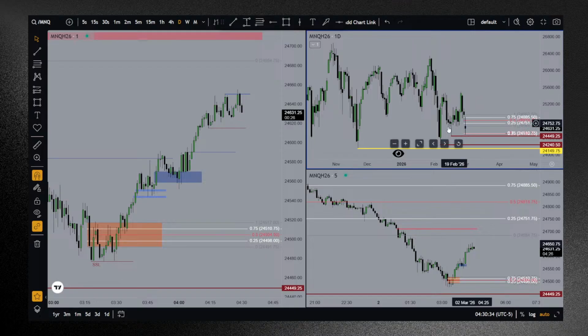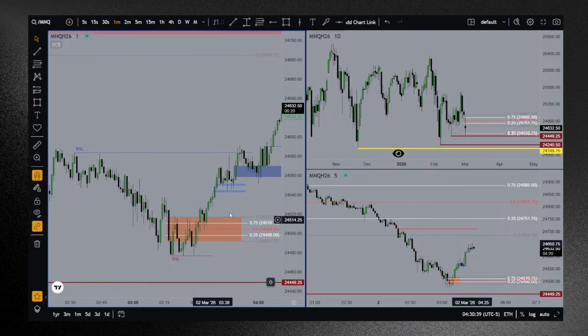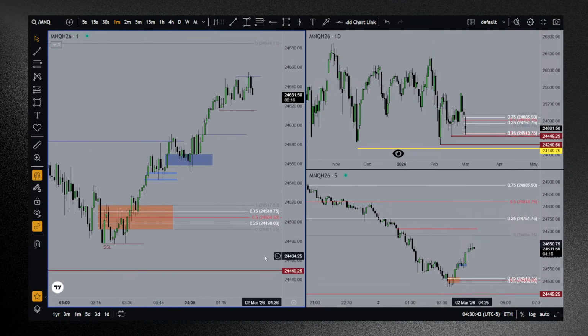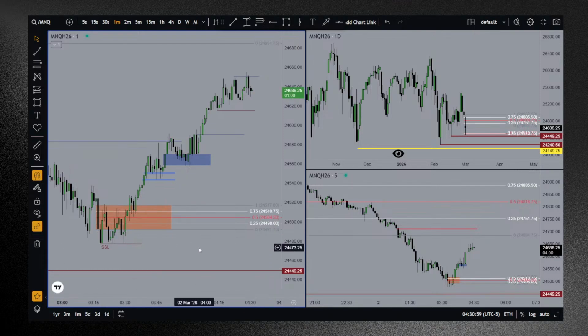Now, going into the 1 minute chart here, I was already outlining all of this, but nonetheless, I believe that this sell side here and this larger daily old low sell side here is the likely draw for price for today.